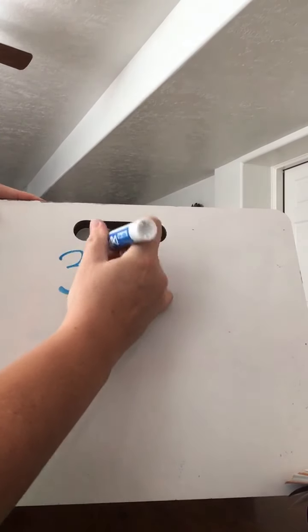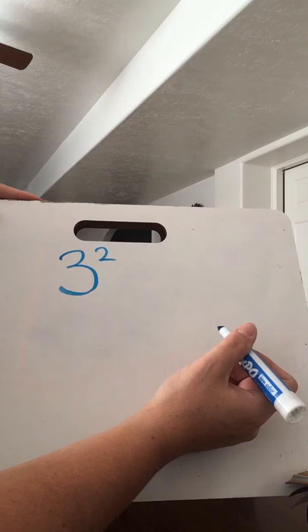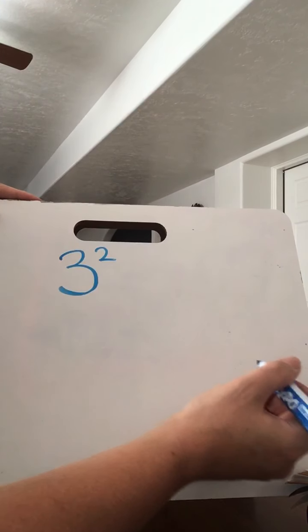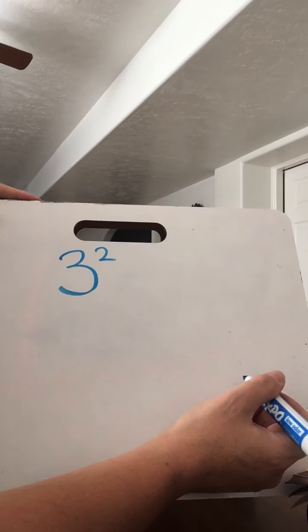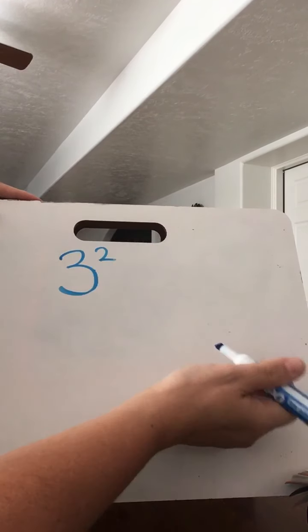So when you see that on the homework, remember, they're just wanting you to write the base number and the exponent, okay? But on your homework, if it says you've got 3 squared, and it says write each power as a product of the same factor and then find the value, what they want you to do is first write it out how it would look without the exponent.